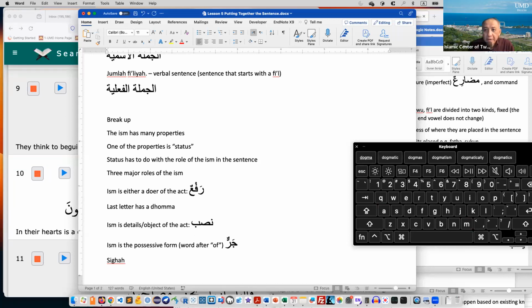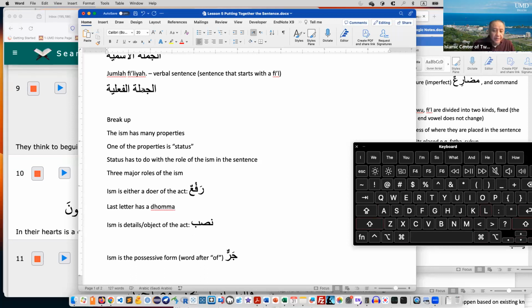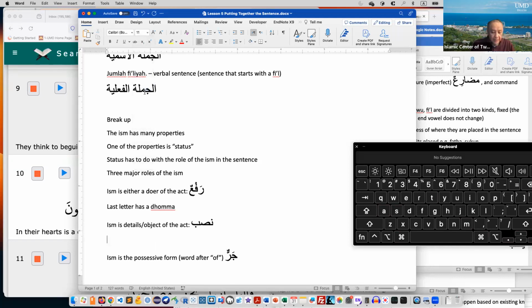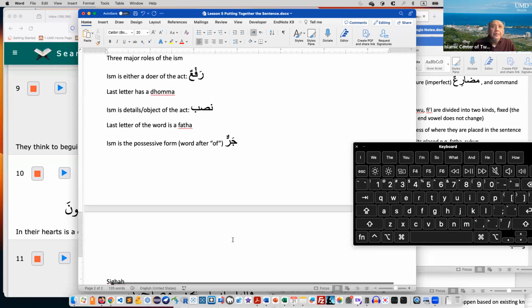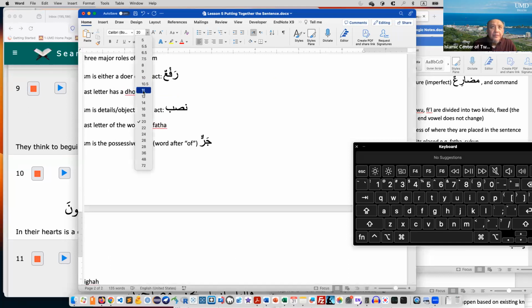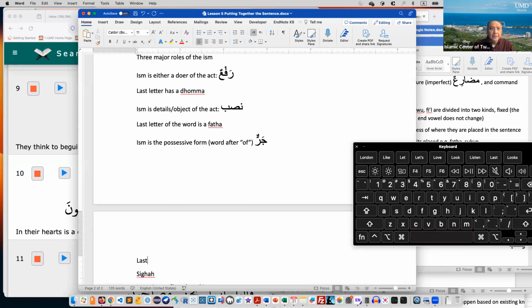It is nasbun when the last letter of the word has a fatha. And it is jarrun when the last letter of the word has a kasra.